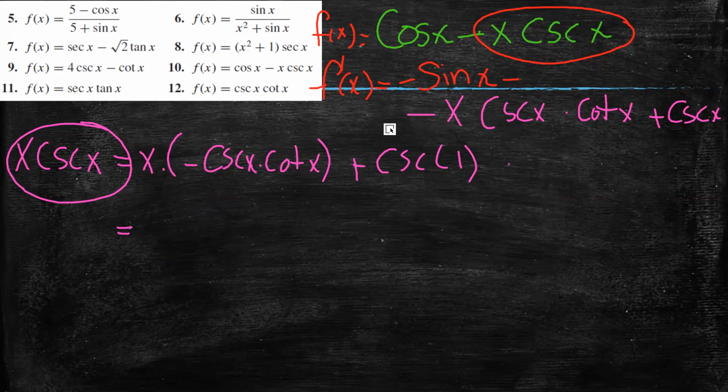I first find the derivation of cosine. And we said that if we have two functions that are subtracted, I just find the derivation of the first one minus the derivation of the second one. The derivation of the first one, which is cosine, is negative sine. And for the second term, it is x cosecant x. How can I find its derivation? Using the product rule. Is it clear? No.